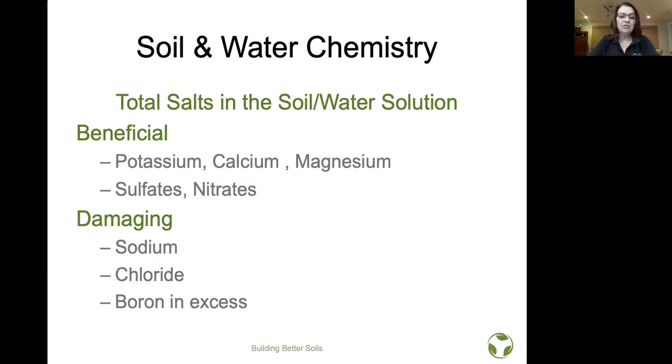But there's also some damaging ions. And so the cation that's damaging is sodium. And the way that sodium damages our plants is that it affects the physical ability, or the ability for the soil to physically aggregate. So you're more prone to compaction, but it also affects plant growth.